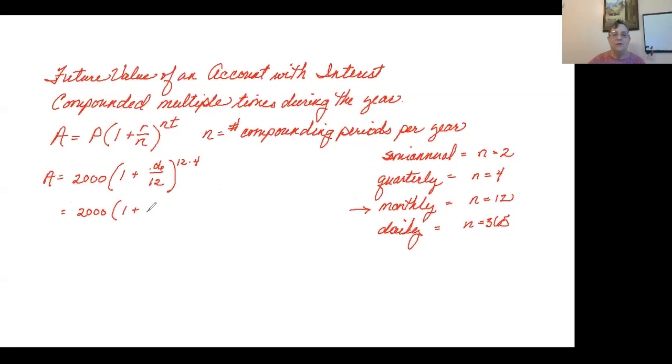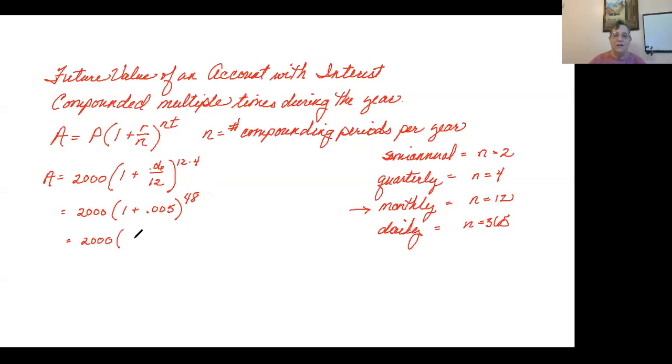This is going to be 1 plus 0.005. And we also have to take into account that instead of being compounded 4 times over a 4-year period, if it's once a month, it's going to be compounded 12 times 4 or 48 times by the end of 4 years.